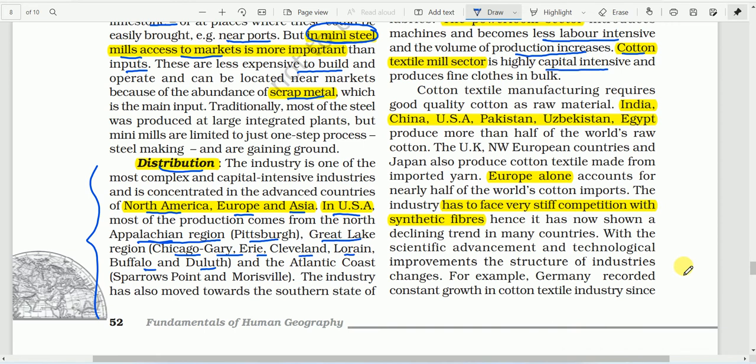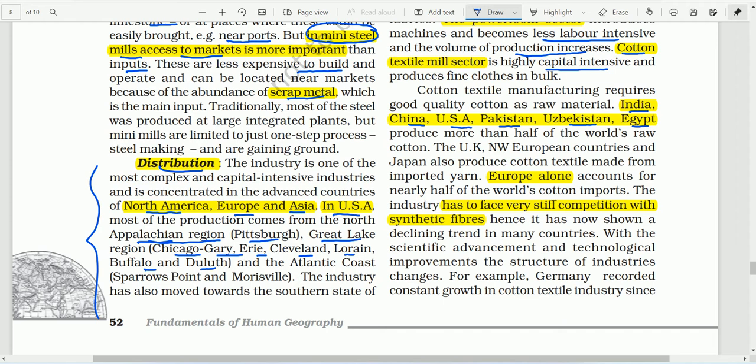Now let us discuss the distribution of cotton textile manufacturing across the world. Cotton textile manufacturing requires good quality cotton as a raw material. So India, China, USA, Pakistan, Uzbekistan, Egypt produce more than half of the world's raw cotton.